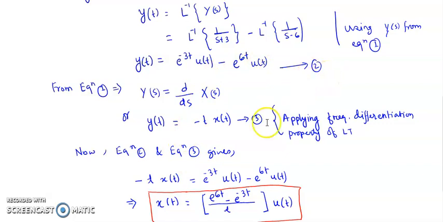Now from equations 2 and 3, you can see the left hand sides are equal, so you can equate the right hand sides also. Minus t x(t) is equal to this expression.